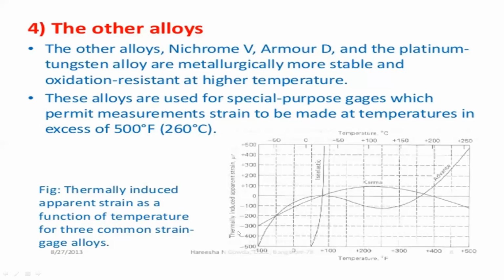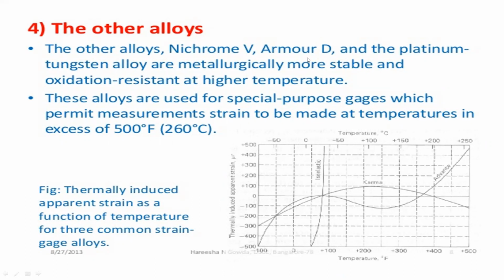So what is the thermal conductivity of that strain gauge? You can see in the upper side of this strain gauge, and you can see the lower side, the temperature in degrees Fahrenheit. So these are the different alloys used in strain gauge manufacturing.